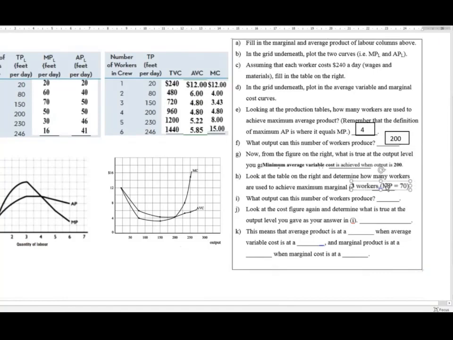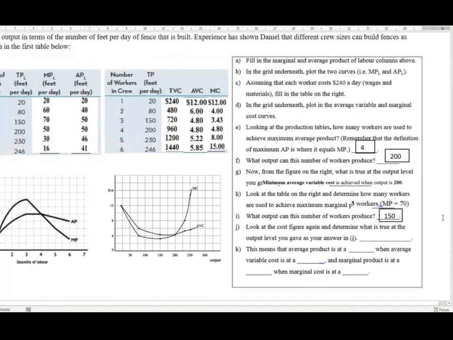Okay, now what output can this number of workers produce? Anyone? Yeah, so 150 is right. And now it says, look at the cost figure again and determine what is true at the output level you gave in your answer in I. Yeah, so marginal product is at its maximum. And then what also is true when the marginal product is at its maximum?